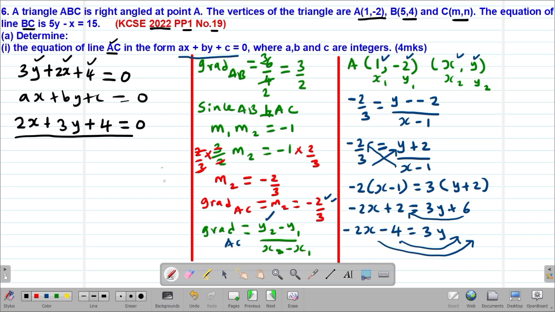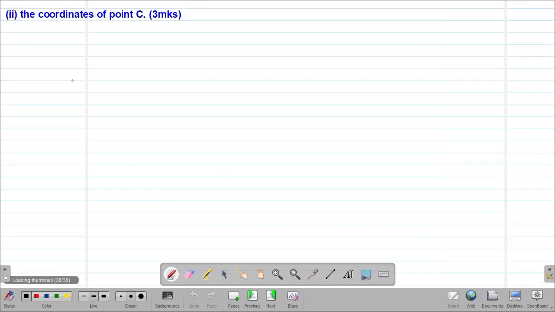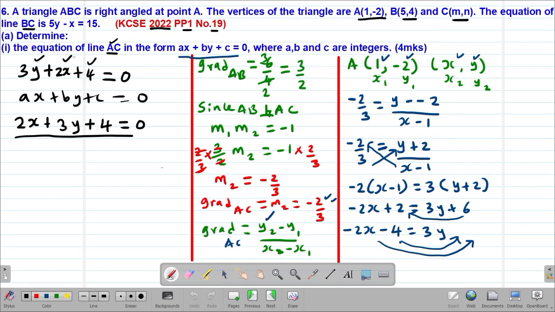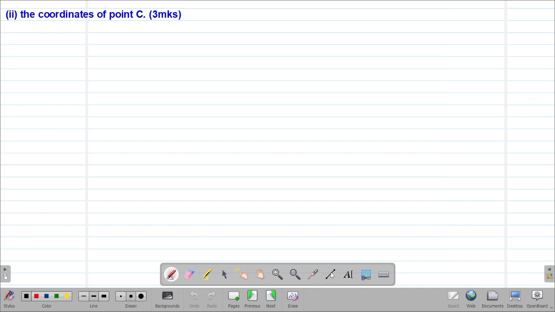Then I'll move to Roman 2 of the question, whereby I'm being told to determine the coordinates of the point C. Now, to get the coordinates of point C, we'll check the point of intersection of our triangle. Let me redraw the triangle here.